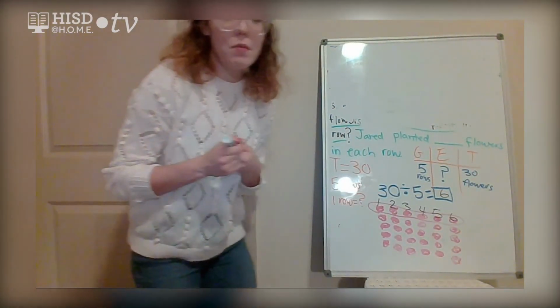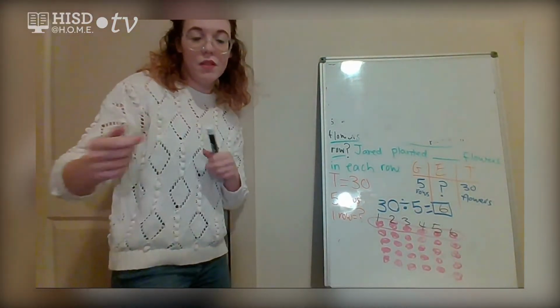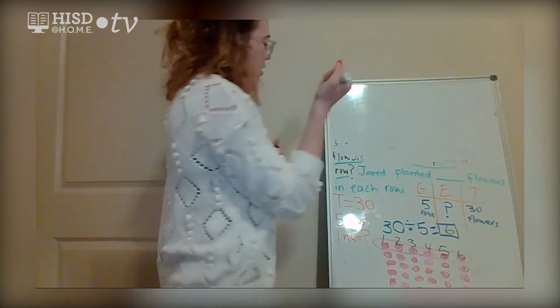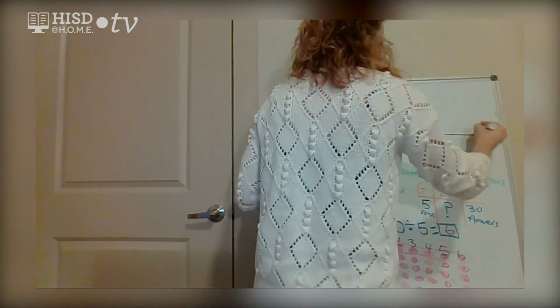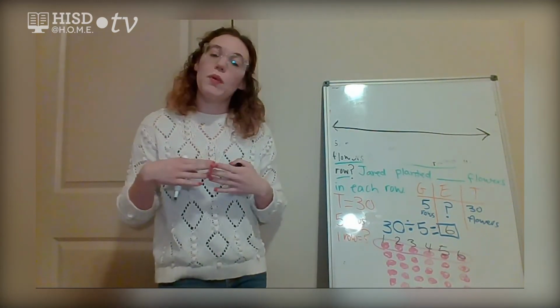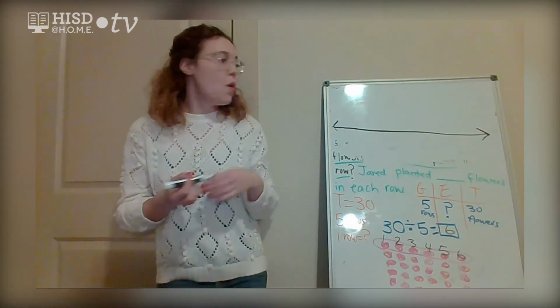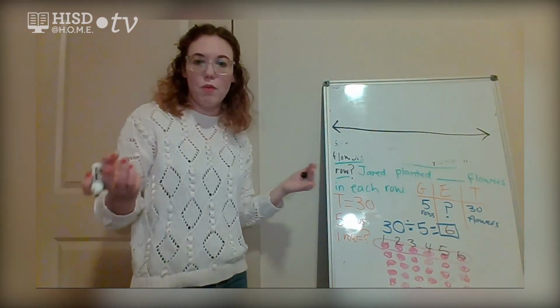I'm going to draw a number line for my skip counting, because we can use number lines for a lot. I want us to keep in mind that when we use a number line for addition and subtraction, we don't have to start at anything particular. We can start wherever the problem tells us to.